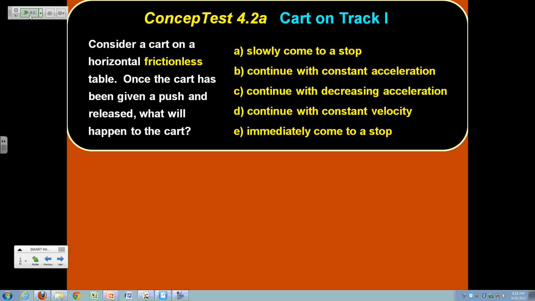All right, consider a cart on a frictionless table. Given a push and release, what will happen to the cart?